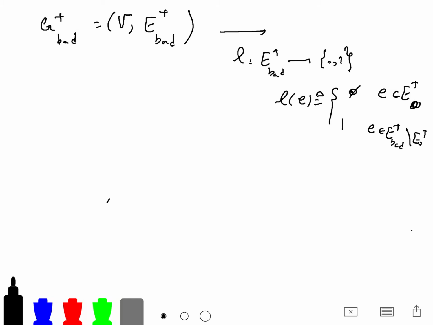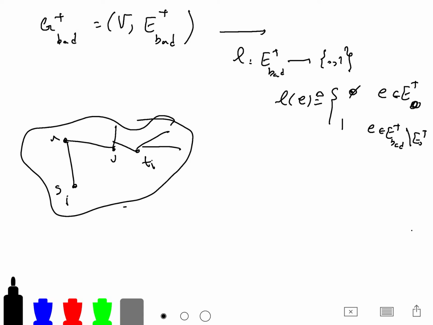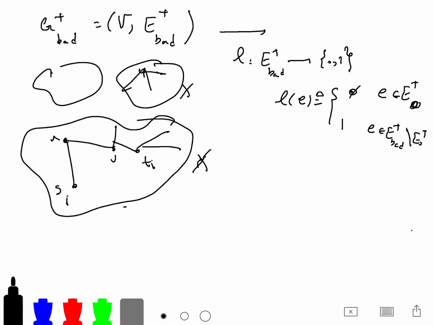So an example of this is going from SI to TI, with U, SI, V, and TI, for example, here. This is a connected component. This is another connected component. So this is X, this is X prime, another connected component. In each connected component, we run some algorithm. We examine the layered distances from SI.